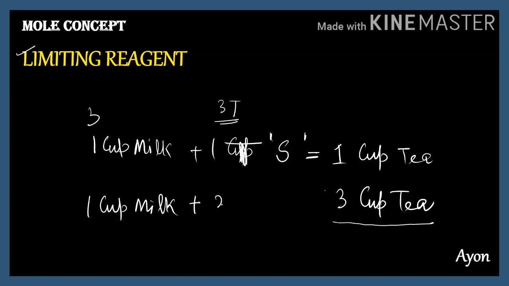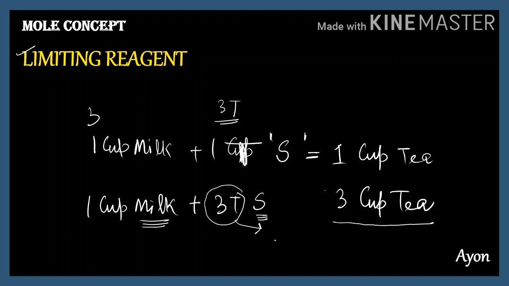and 3 teaspoonful sugar. Here 3 teaspoonful sugar can make 3 cups of tea, but the amount of milk is less, so in this reaction the milk is the limiting reagent and the excess reagent is sugar.